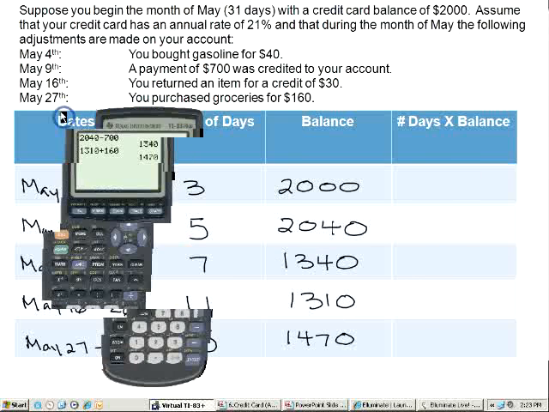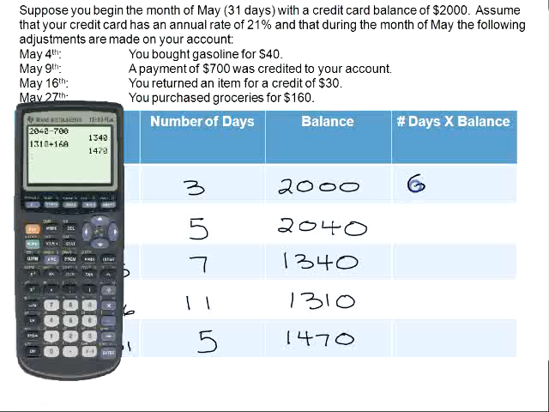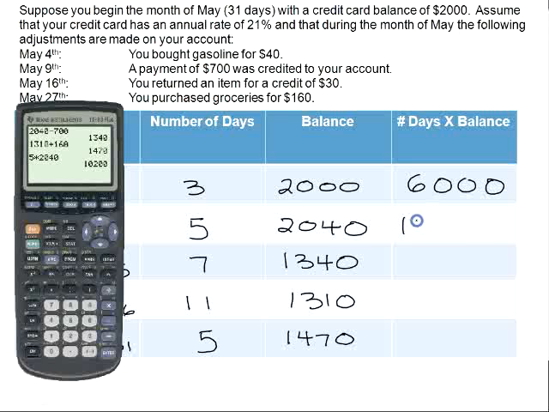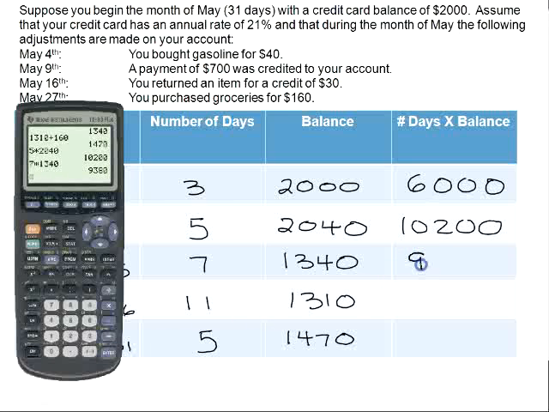Now, to fill out our last column in our table, we've got to take our number of days times our balance. Well, 3 times 2,000, that's 6,000. 5 times 2,040 is 10,200. 7 times 1,340 is 9,380.